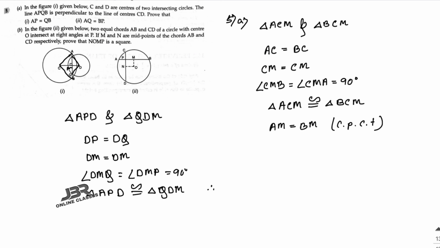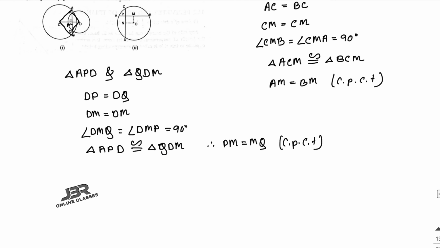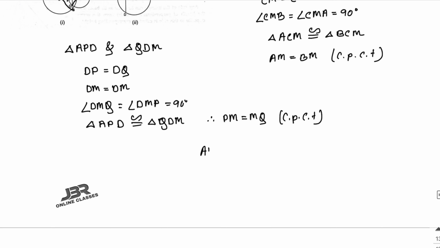So that means PM is equal to MQ by CPCT. As AM is equal to BM, and PM is equal to MQ, you can write down AM minus PM equals BM minus MQ.